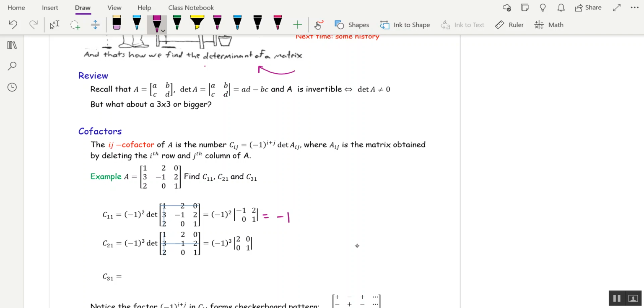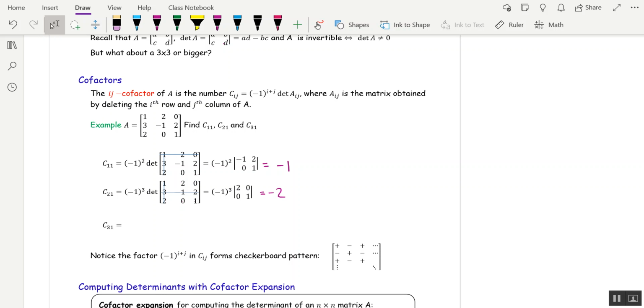C21, now we're going to have -1 cubed, which is -1, and our subdeterminant is 2001 because we cross out second row, first column. And so this gives us -2. Okay, pause it and see if you can find C31.